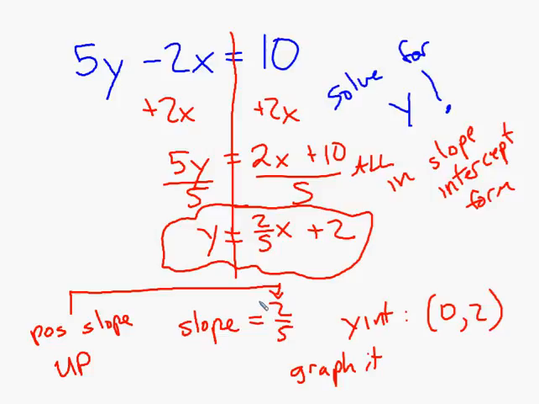I mean, I think you get the gist of graphing them. We do need to do a line puzzle. So let's say I have 5x minus 4y equals 12. And I want to graph that.